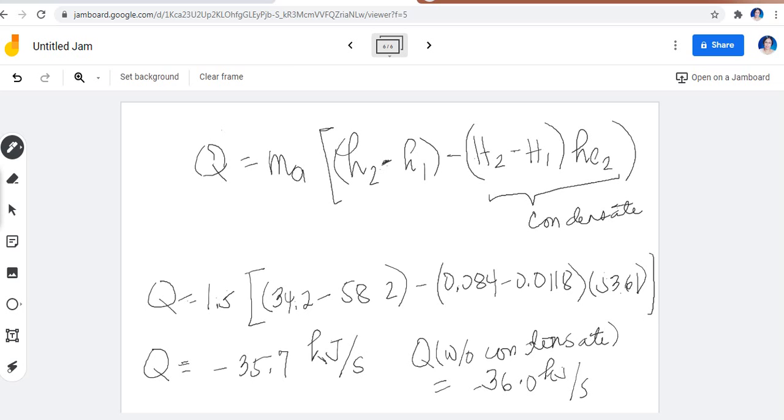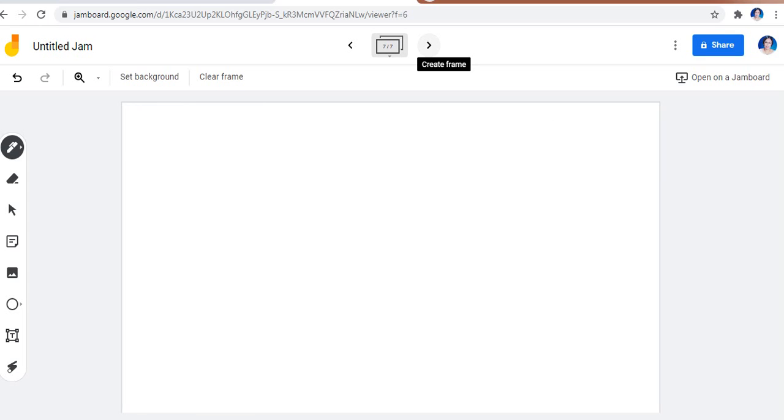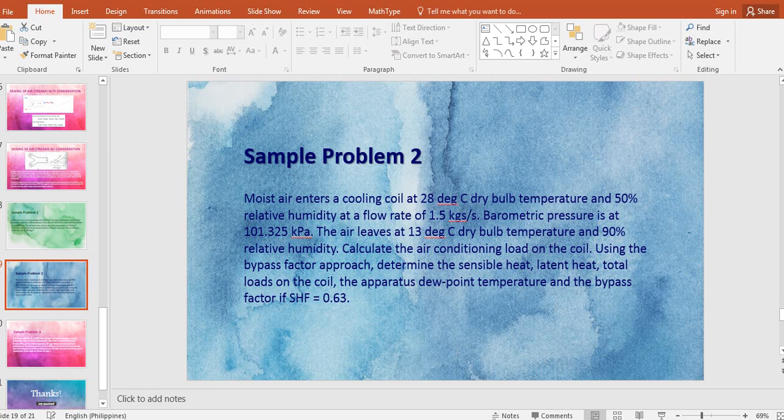Now we will use the sensible heat factor that was mentioned in the problem to determine the required information. By the way, the problem requires us to calculate the air conditioning load on the coil, and we just did that. So that's the Q, the load that your coil will have to perform.